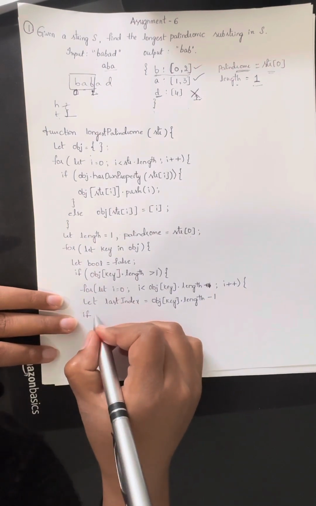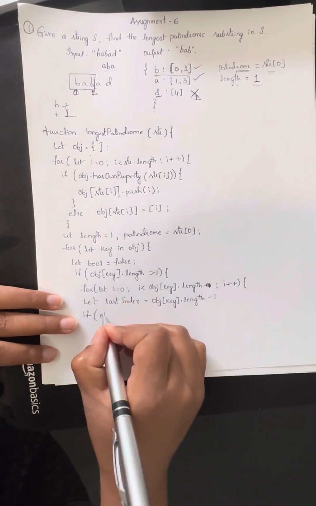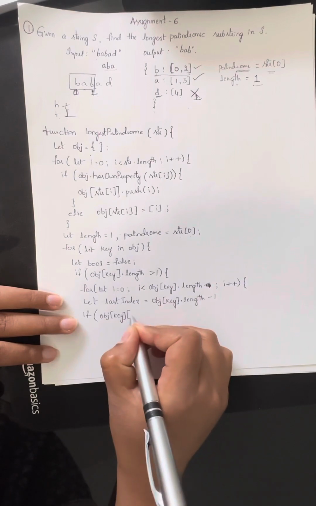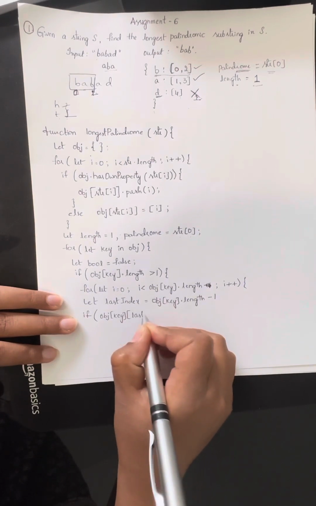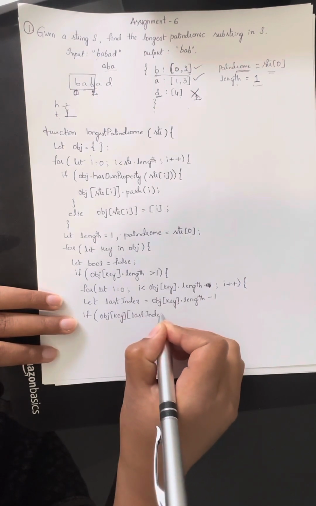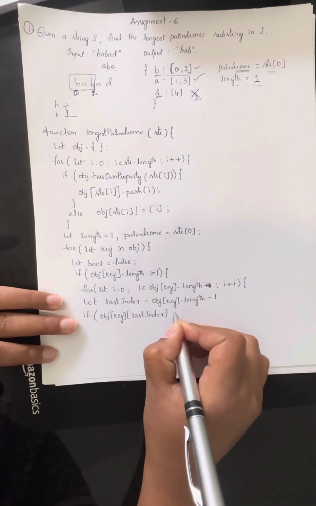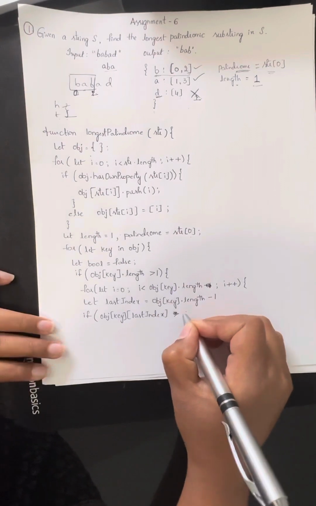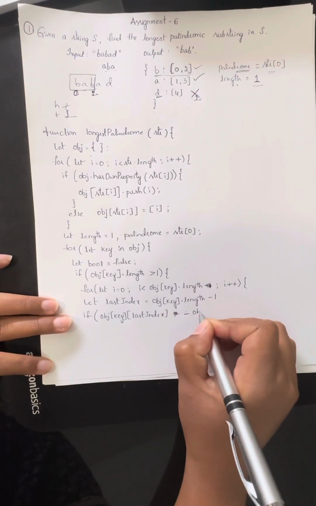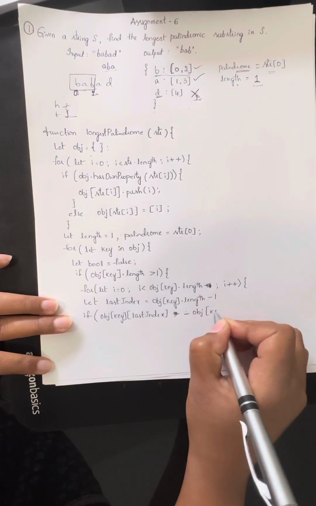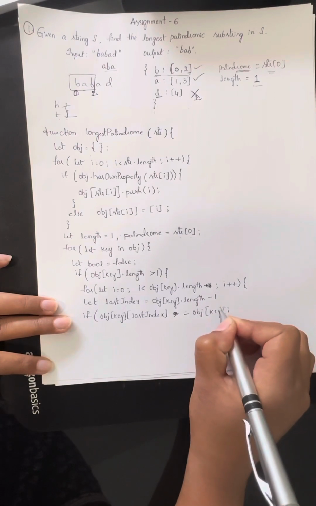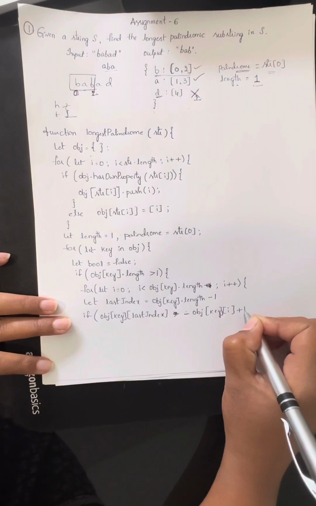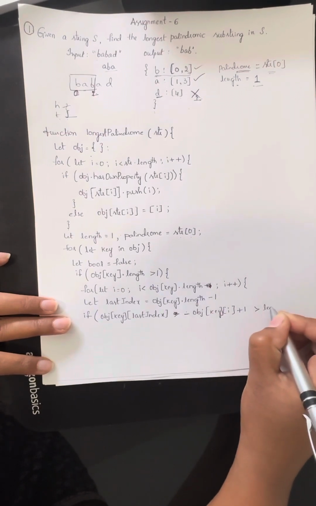Now I'm checking if object of key of last index is greater than, last index minus object of key of i, plus 1 is greater than length.